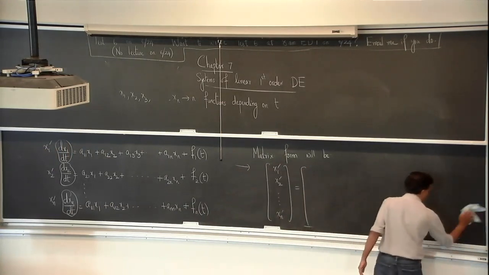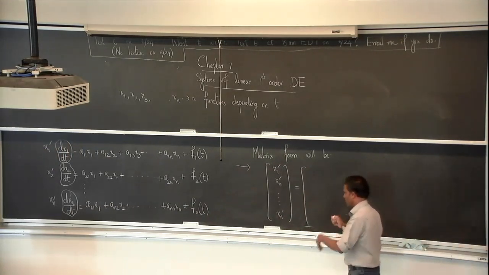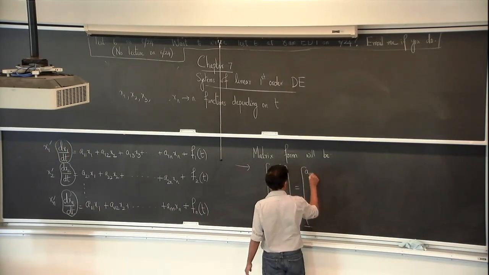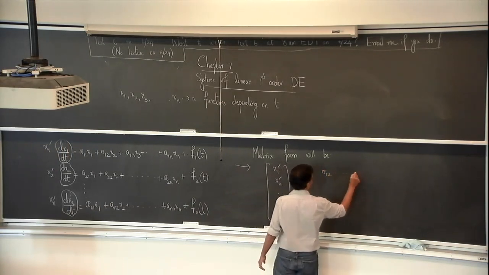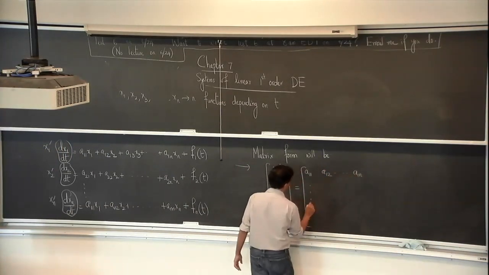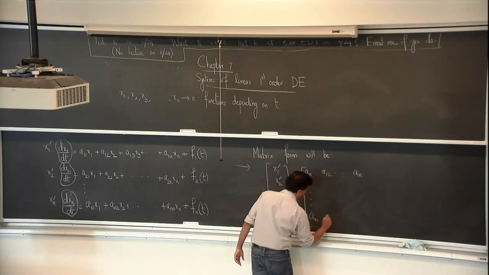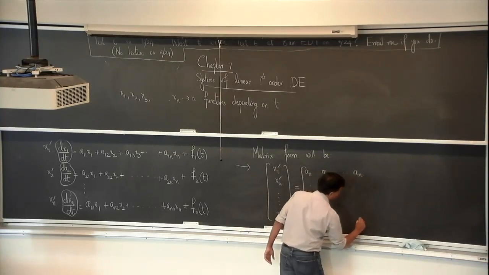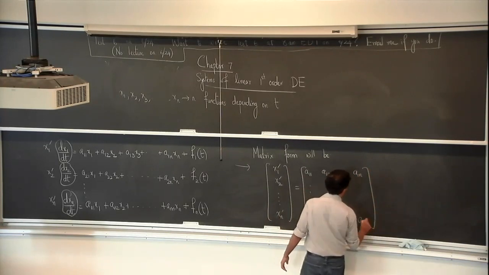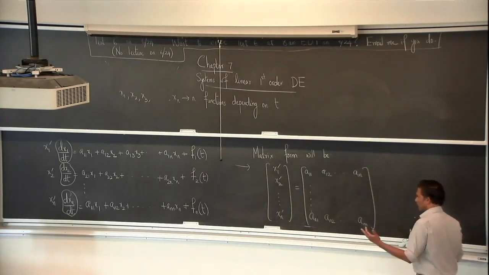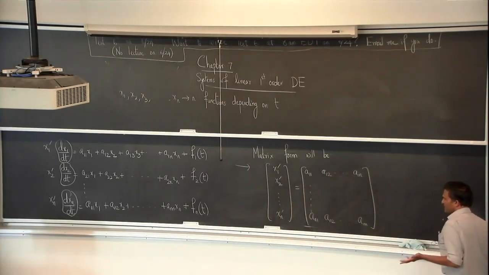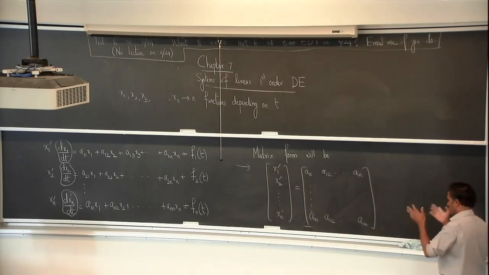And without telling a lot of stories, I think all of you would agree that you could put all those coefficients into a matrix, a11, a12, a1n, an1, an2. So that is your n by n. It doesn't have to be even square, but we're going to focus on a square system.